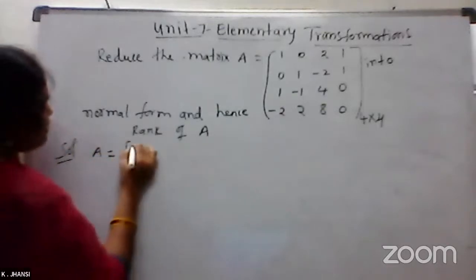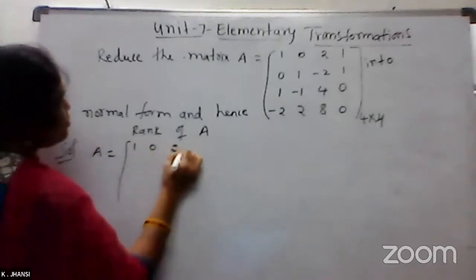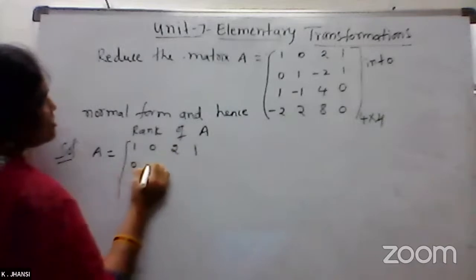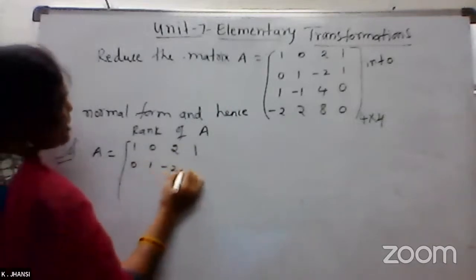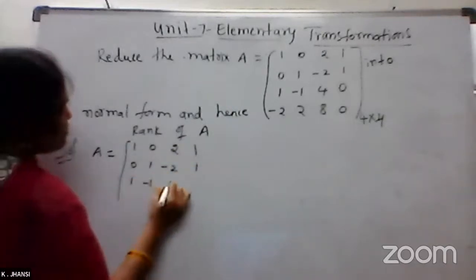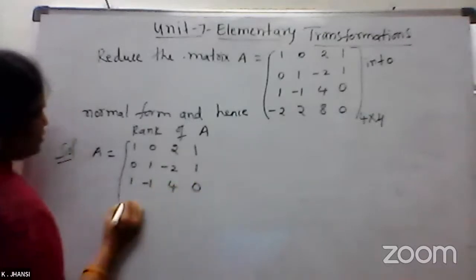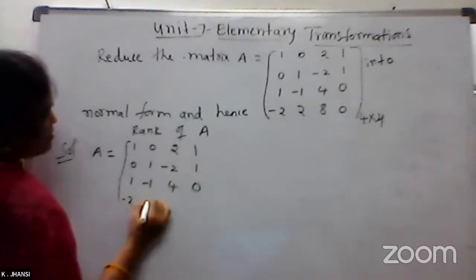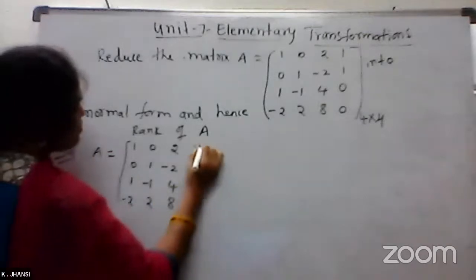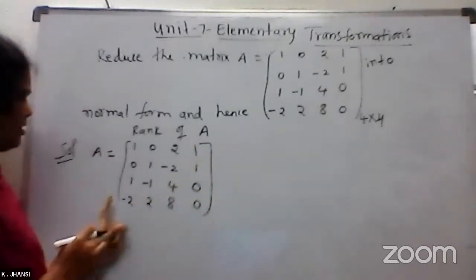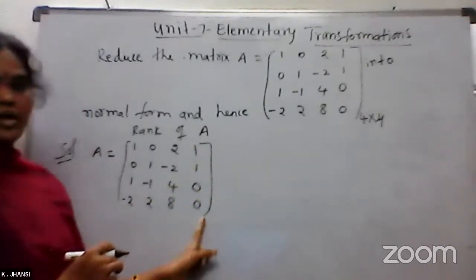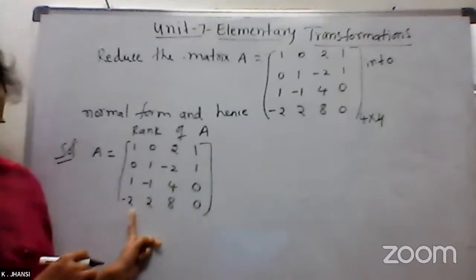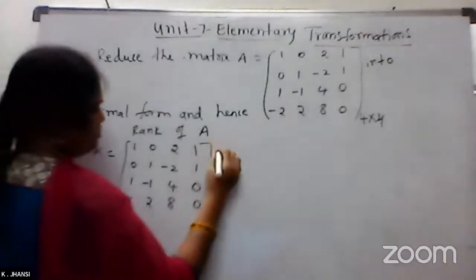So A equals 1, 0, 2, 1; 0, 1, minus 2, 1; 1, minus 1, 4, 0; minus 2, 2, 8, 0. Okay. Here see, the last row, you can divide it by 2. Okay, so it will be converted into a somewhat simpler form.